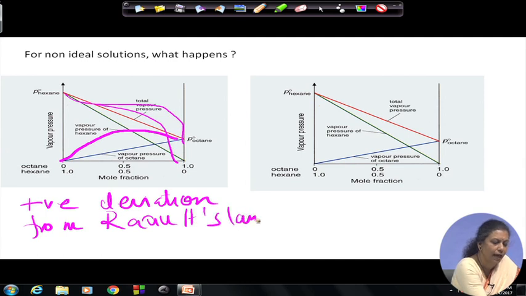We can also have another thing. The moment we mix the two components, what happens? There is a contraction in volume. It can happen, and in that case, what do we find? It all depends upon the interaction of the molecules. Repeatedly I have said that when we assume that the interaction between like and unlike molecules are the same, then we have ideal solutions.